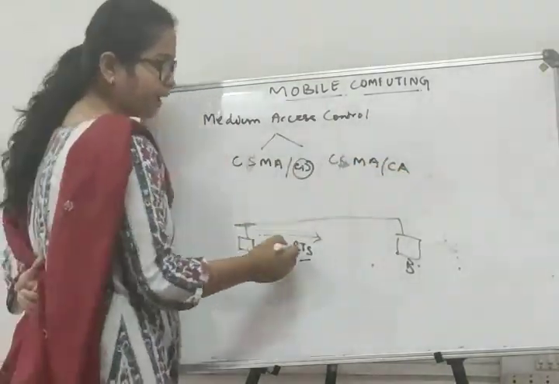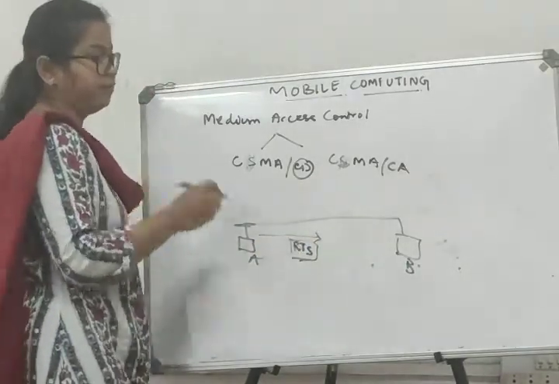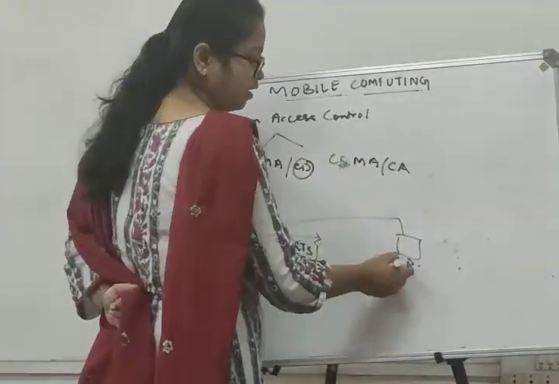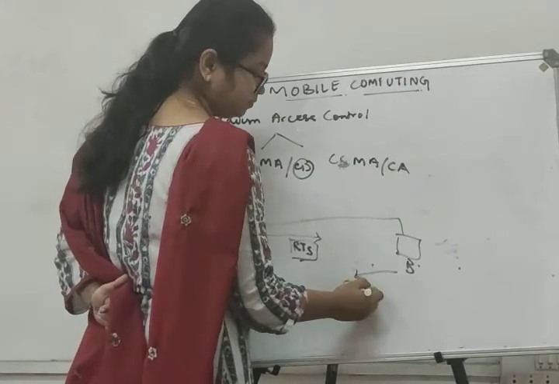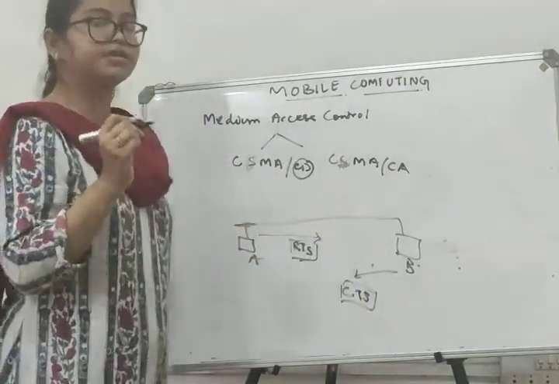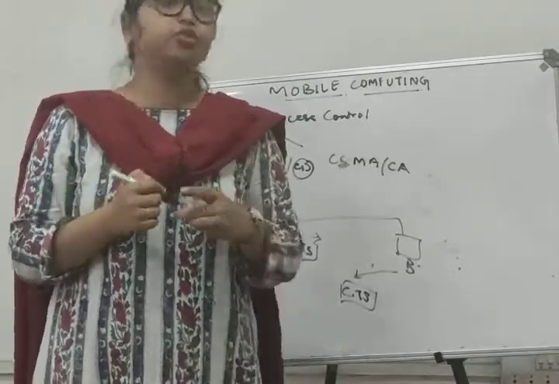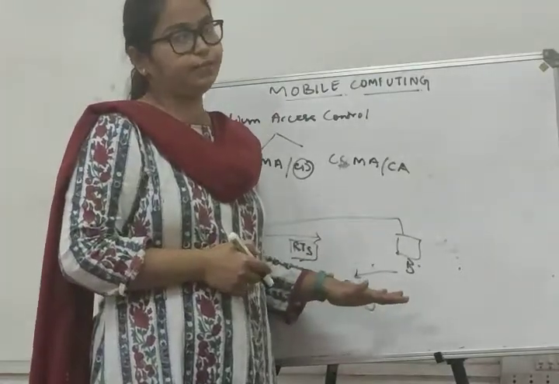So, RTS, request to send. Now, if B is actually free, then B will reply with a clear to send packet. Clear to send means B says, see, I am now free, you can send me data. If it is not free, it won't send clear to send. Okay?